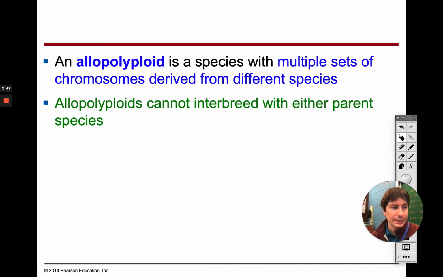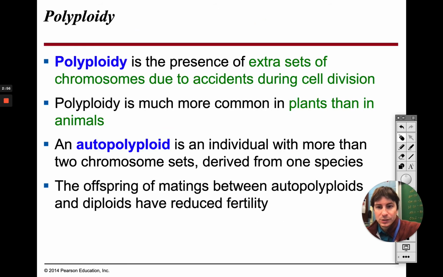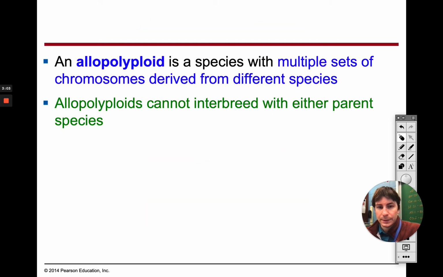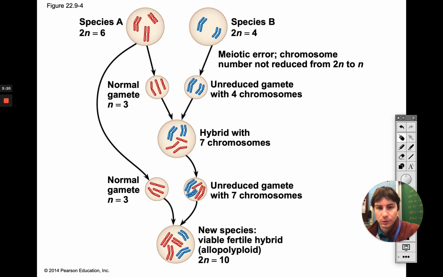The next one is called allopolyploid. This is a species with multiple sets of chromosomes, but derived from different species. With the last one, autopolyploid, they're coming from the same species, so the same species is mating. With allopolyploid, different species are mating, okay? If we produce an individual that is an allopolyploid, they cannot breed with either of the parent species, so they're not going to produce any kind of fertile offspring.